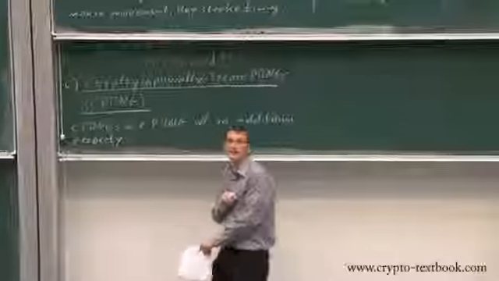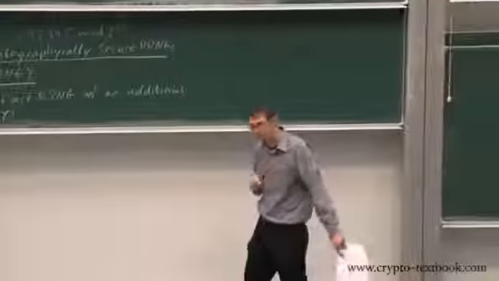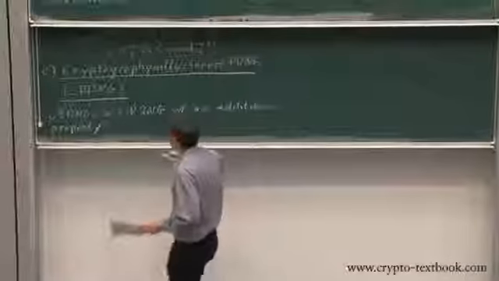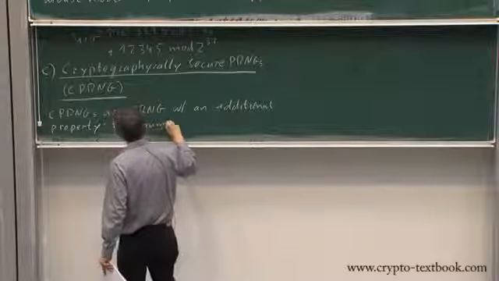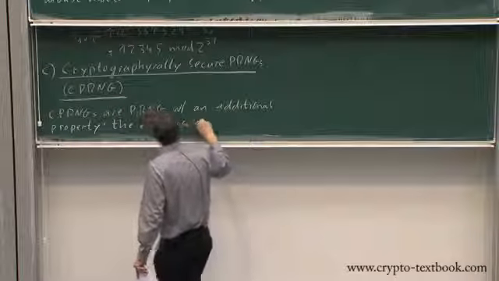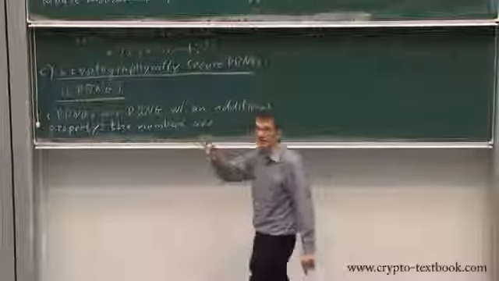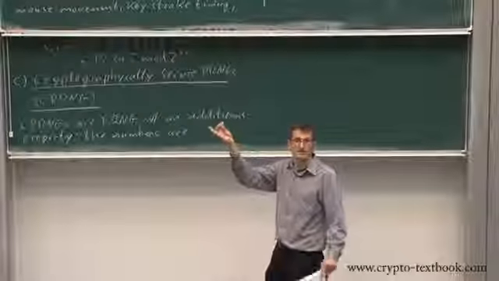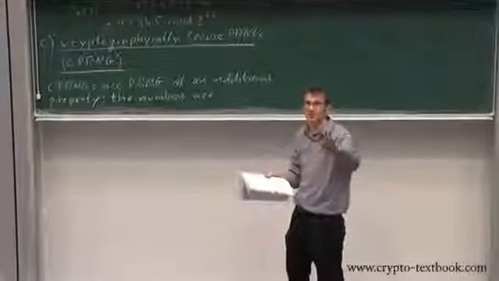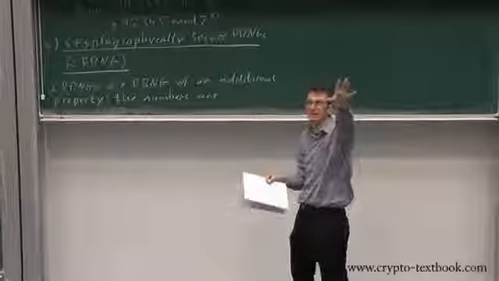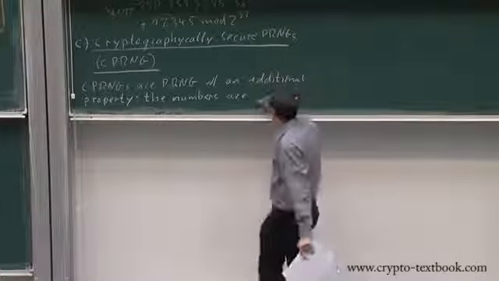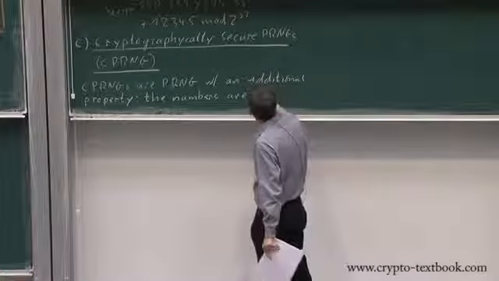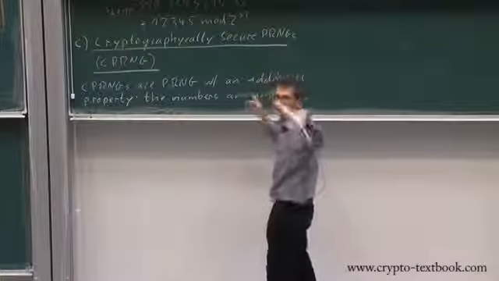Colon, Doppelpunkt heißt colon in English. The numbers are, and now everybody wake up, everybody don't do YouTube at this moment, everybody's looking here, yeah, very good, they are unpredictable. You can go back to sleep.